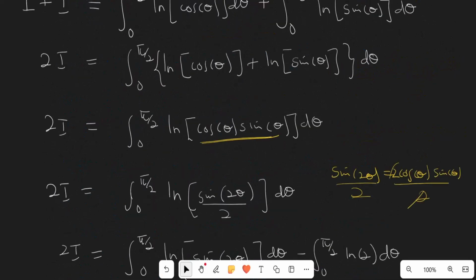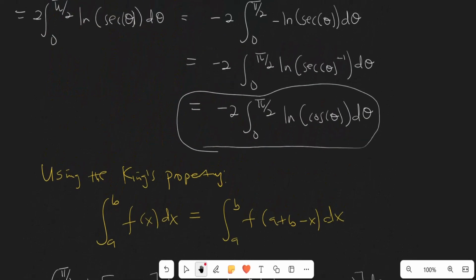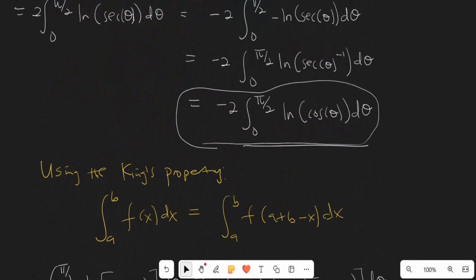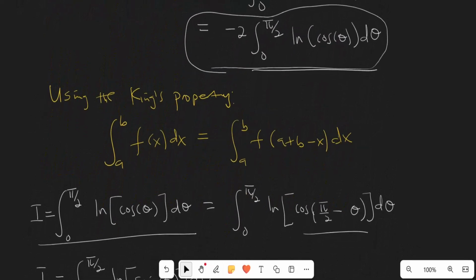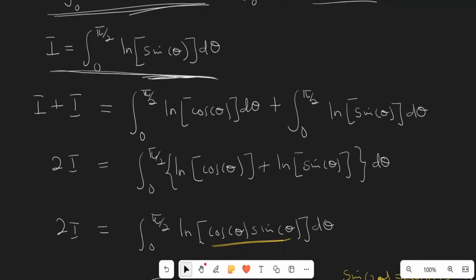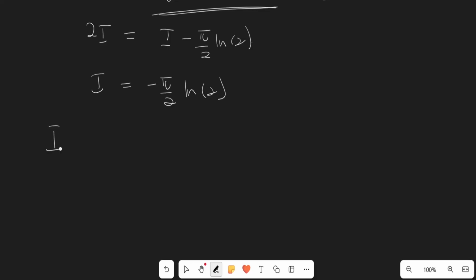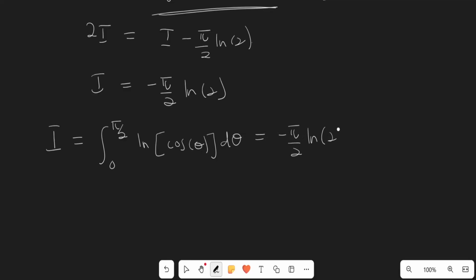Originally, what was the I? The I was the integral from 0 to pi over 2 of the natural logarithm of cosine of theta d theta. And that is equal to negative pi over 2 times the natural logarithm of 2.